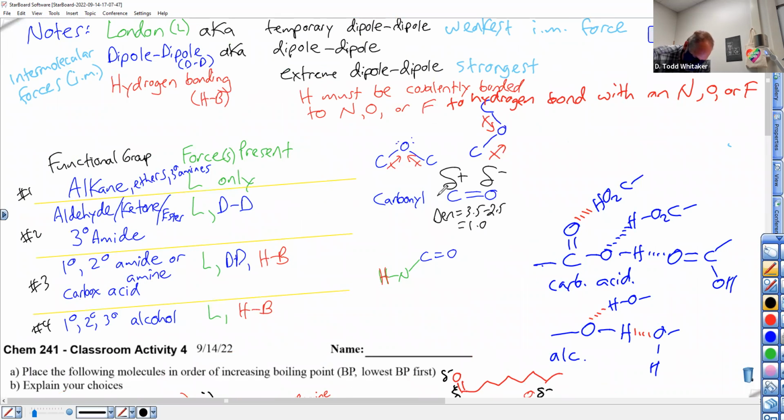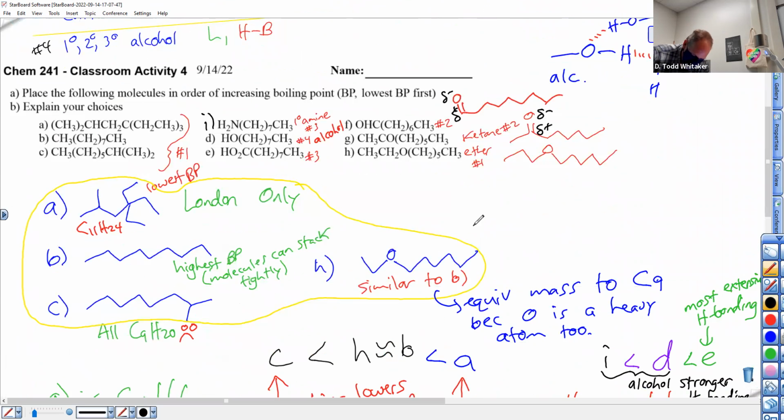Carbonyls are polar because of the difference in electronegativities. So why am I liking F a little better than G? They have the same mass, unless I messed up. I mean, I hope I did. They have the same mass, same formula, same number of carbonyls, but I'm liking F a little higher than G in terms of boiling point.